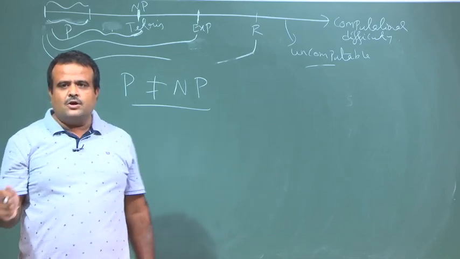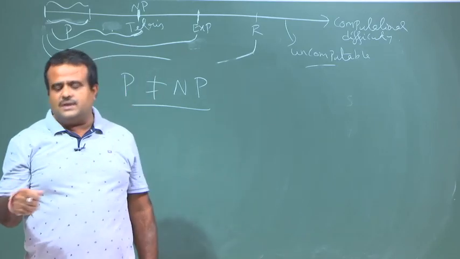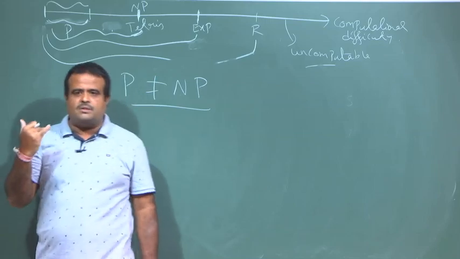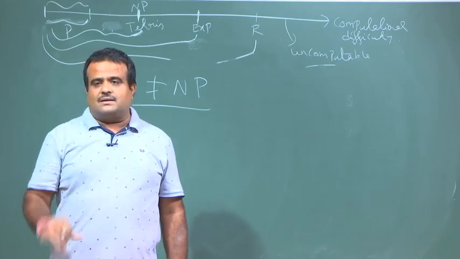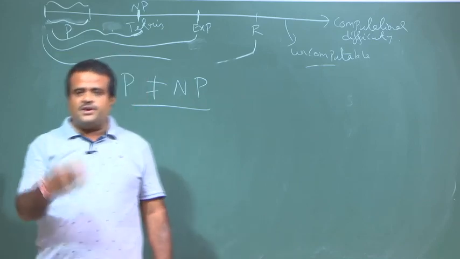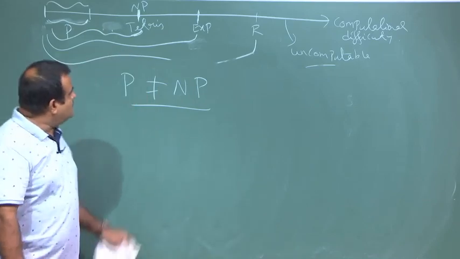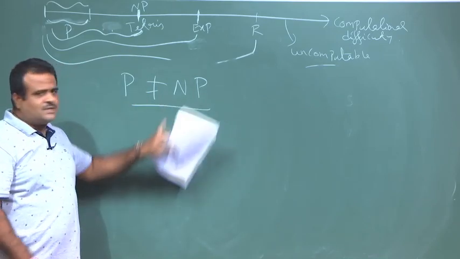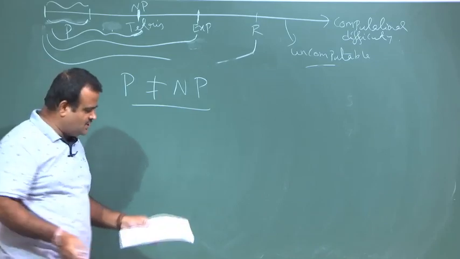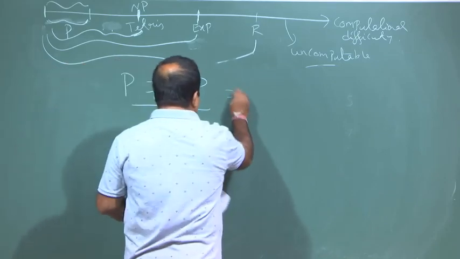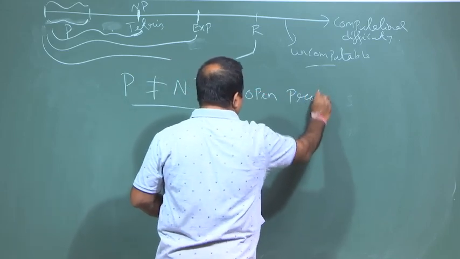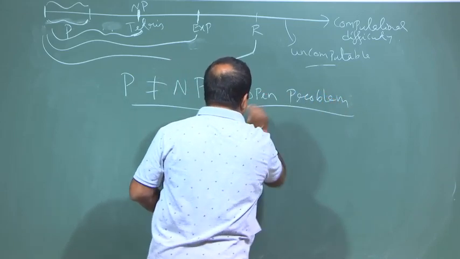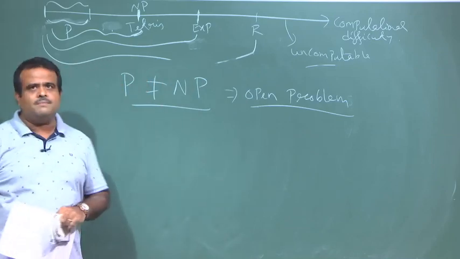NP is polynomial time, a problem which can be solved in polynomial time, but with the help of a lucky algorithm, a non-deterministic algorithm. This is a conjecture, an open problem, a $1 million problem. If you want to be famous, you can solve this problem. This is still an open problem.